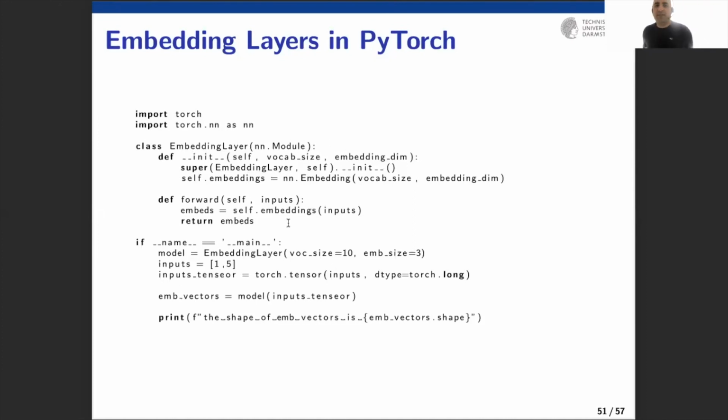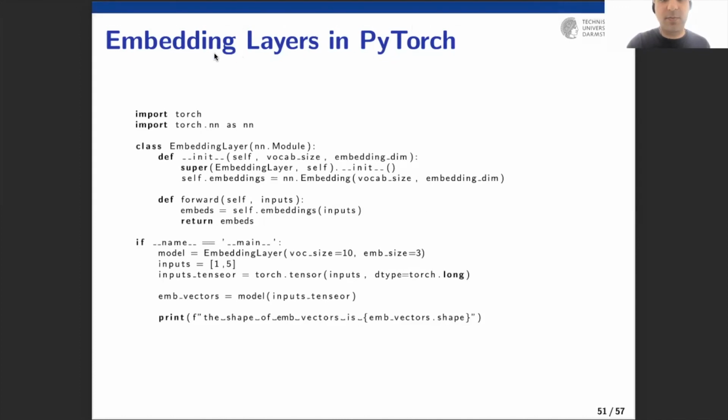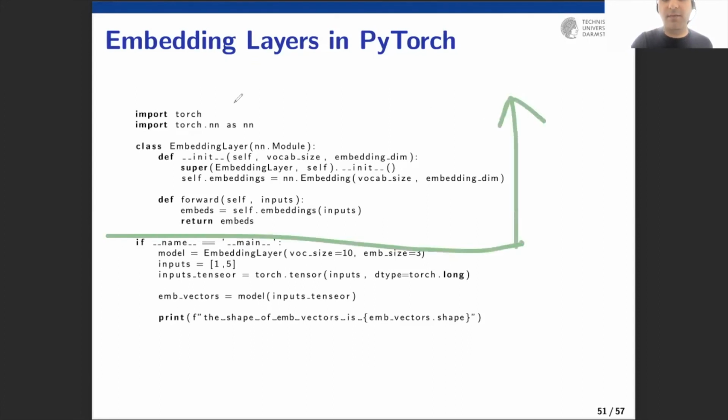Okay, now that we have defined this class, everything that we have in the top part is from the previous slide. The new part is here in the bottom part, where we define the main part of our script.